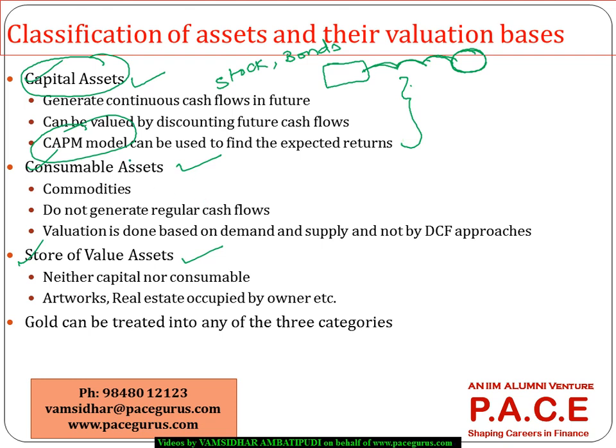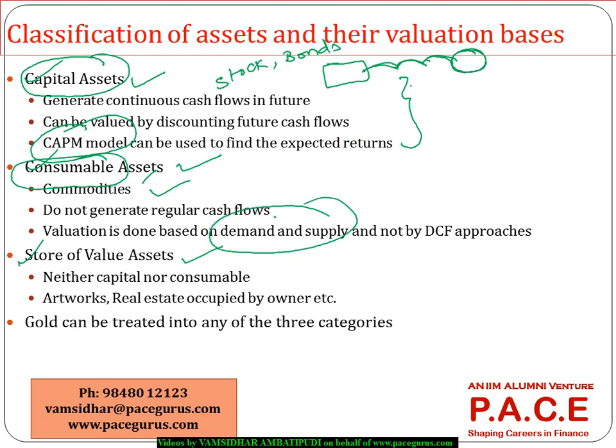Whereas on the other side, we look at consumable assets. They are not capital assets. They don't generate any cash flows in future. Most of the commodities fall under this category. They have to be consumed. So their valuation cannot be done based on a CAPM approach or discounted cash flow approaches.